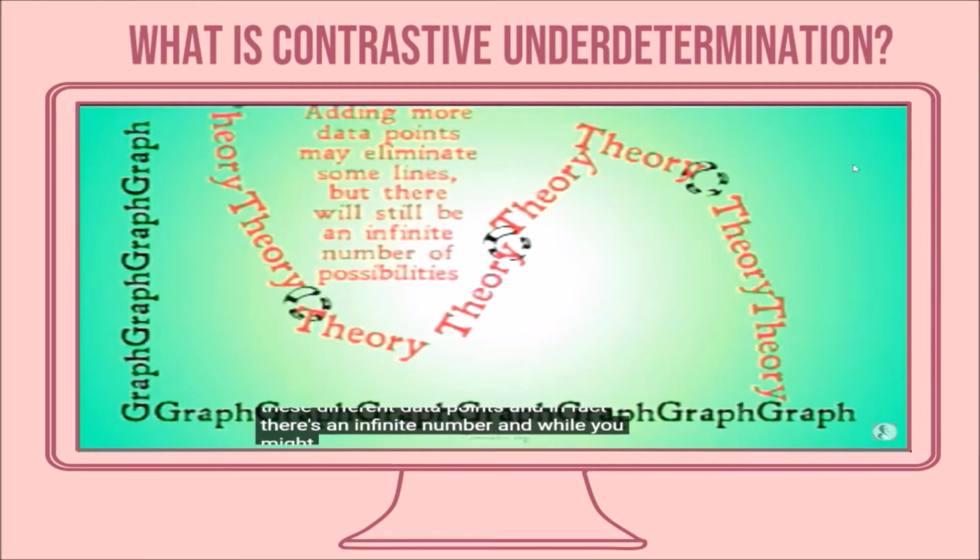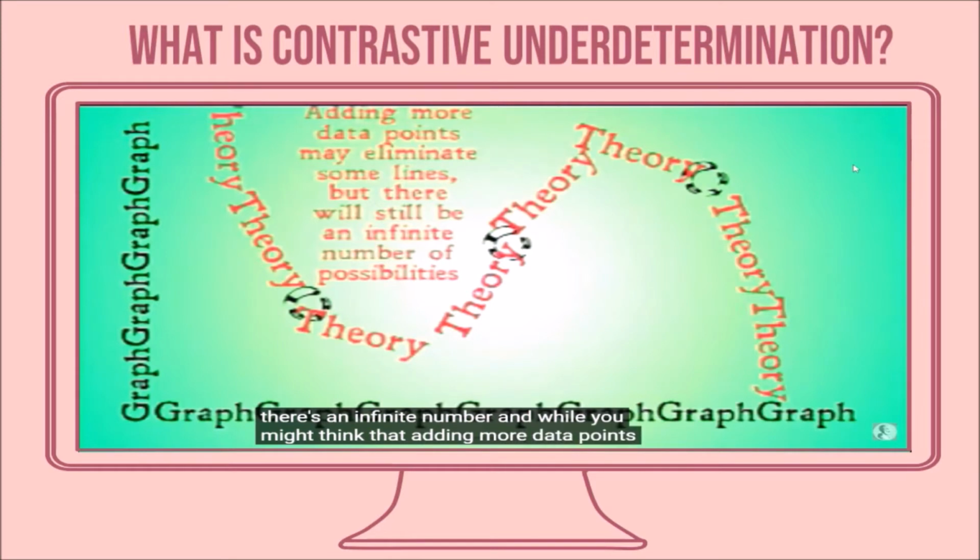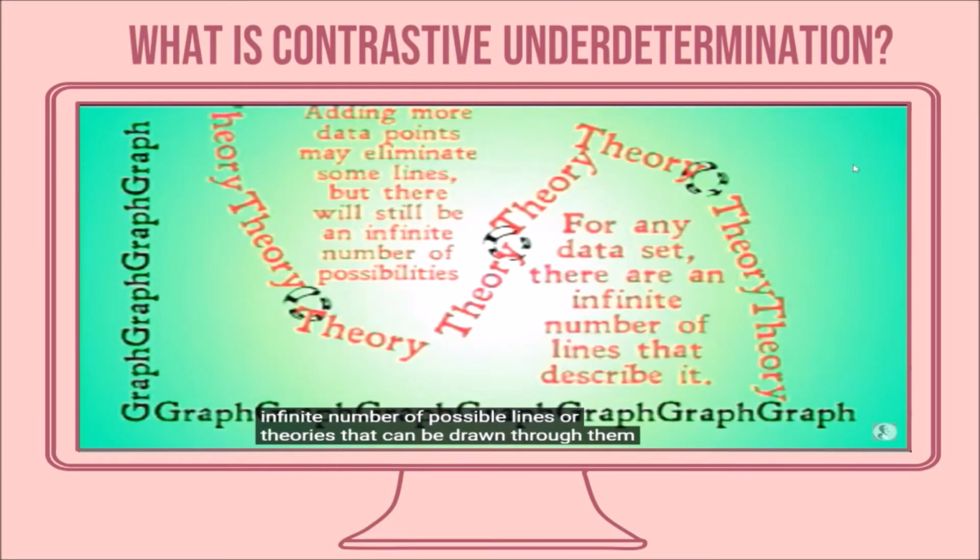And while you might think that adding more data points and doing more research might limit some of these, no matter how many data points you add, there's still going to be an infinite number of possible lines or theories that can be drawn through them. Basically, for any data set, there are an infinite number of possible lines that describe it.